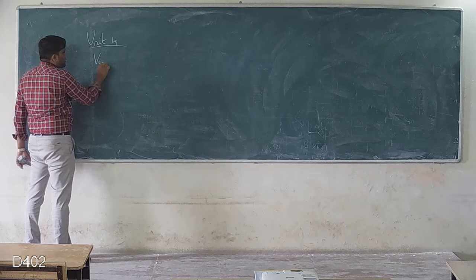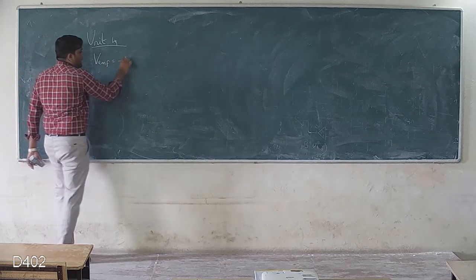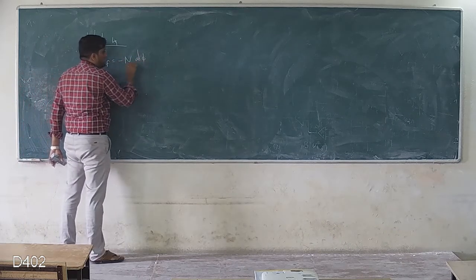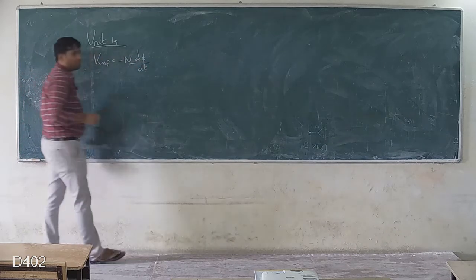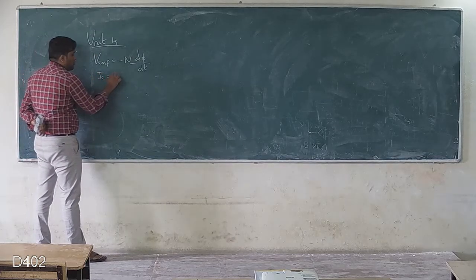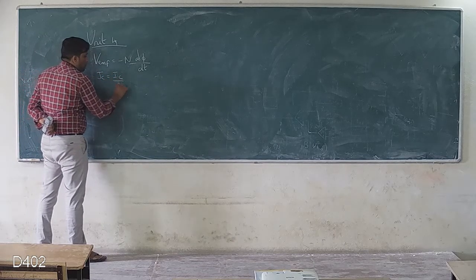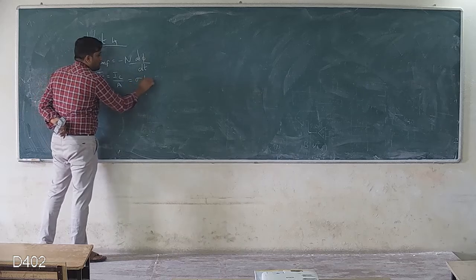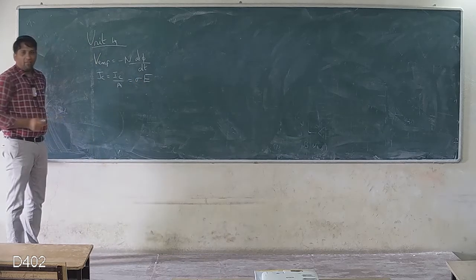So induced EMF is equal to minus n d phi by dt. This is the first formula. Next, JC is equal to IC by A, which is equivalent to sigma E. This is the second formula.